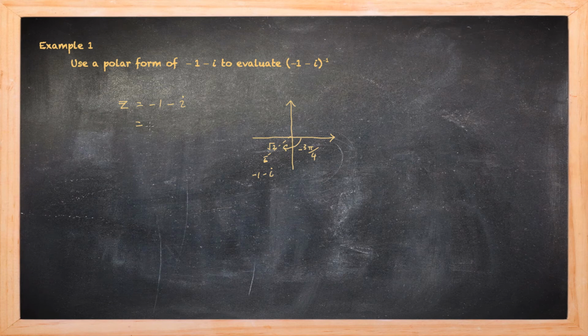So we have √2 for the modulus, and cos(-3π/4) + i sin(-3π/4). Therefore, we now know that the reciprocal will have a modulus that's 1 over the modulus of z, that's 1 over √2, and it'll have an argument that's the negative of the argument of z. So it's cos(3π/4) + i sin(3π/4).